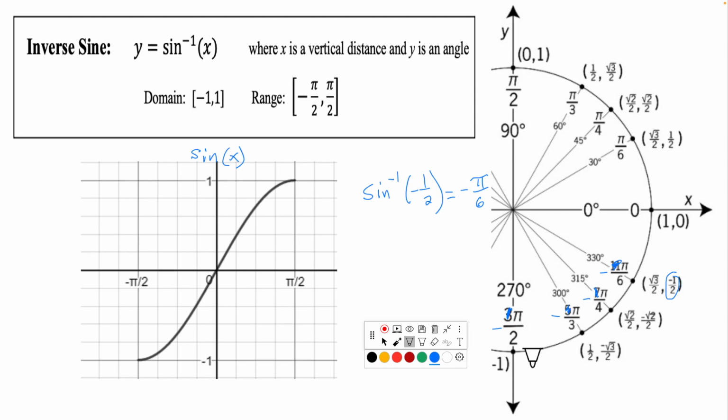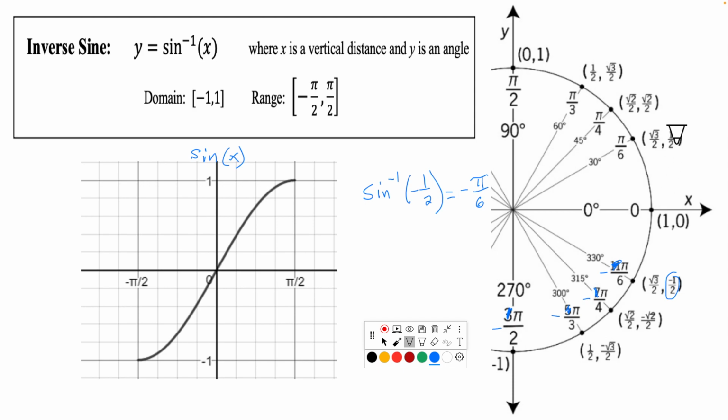Question? How do you understand which angle you should use? Like how you find it's pi over 6? Oh, right. Since we're looking for the inverse sine of negative 1/2, there's only one place we have negative 1/2.